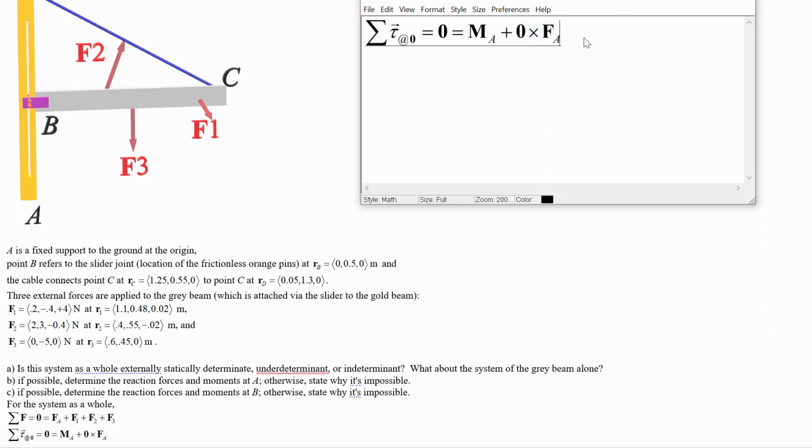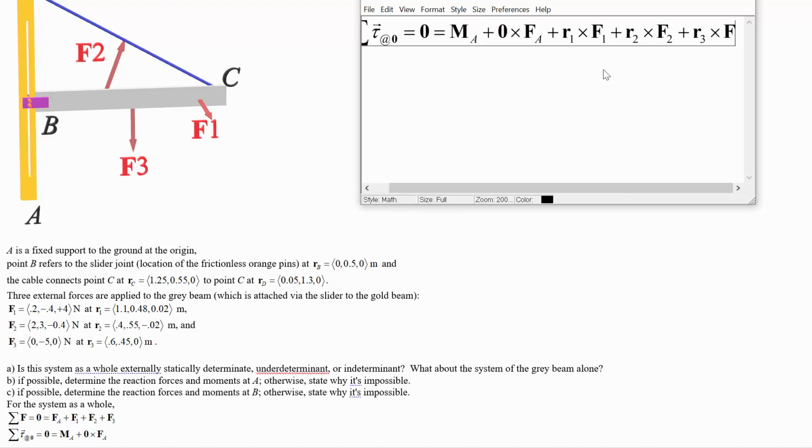If it wasn't at the origin, if the support was somewhere else, then we would have to put in a non-zero moment arm there. So 0 cross FA plus F1. Well, it's moment arm, so that's R1 cross F1 plus R2 cross F2 plus R3 cross F3.